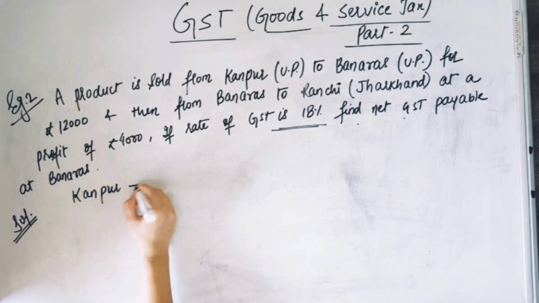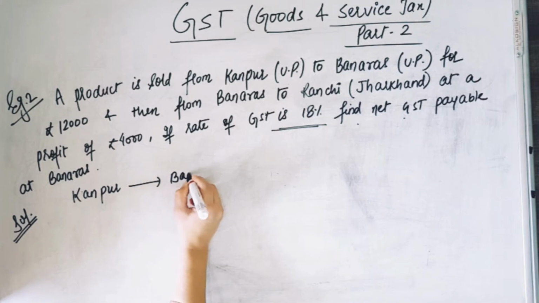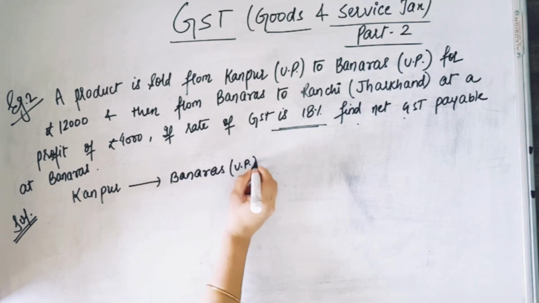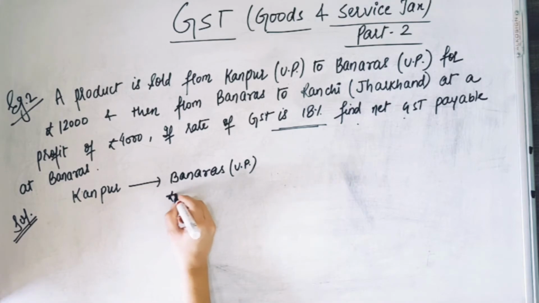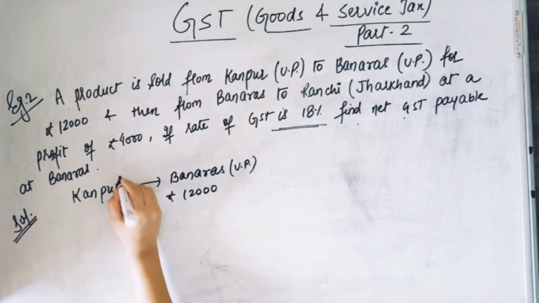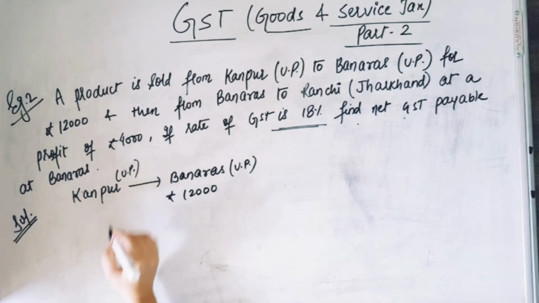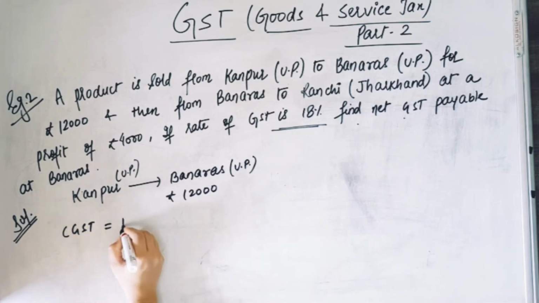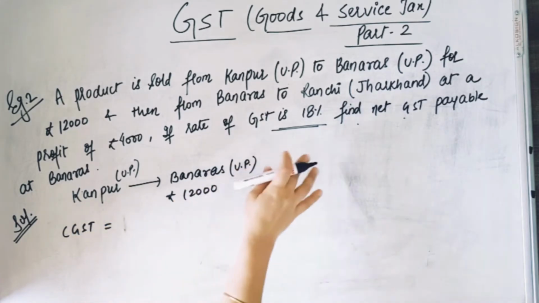Product is sold from Kanpur to Banaras. That means the person who is in Banaras, he has purchased goods for rupees 12,000, and it is the case of same state, that is intra-state, because the both are in UP. So we'll calculate what? CGST. So CGST, GST is what? 18%.